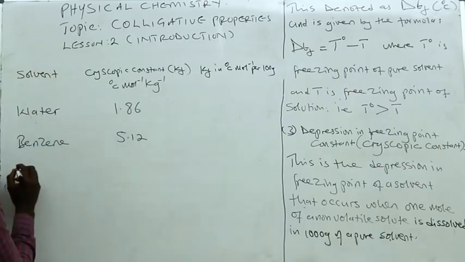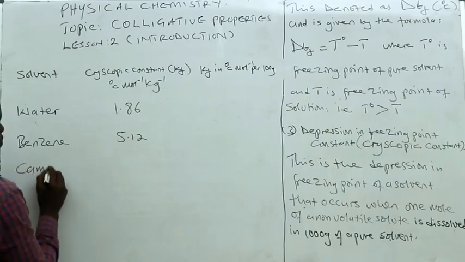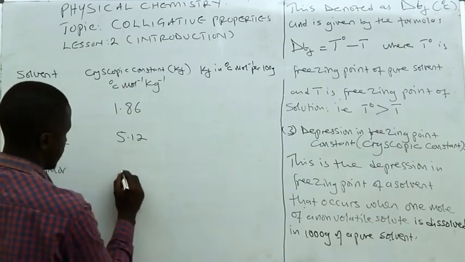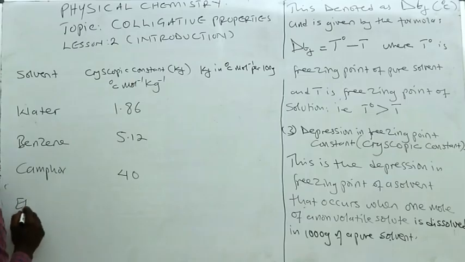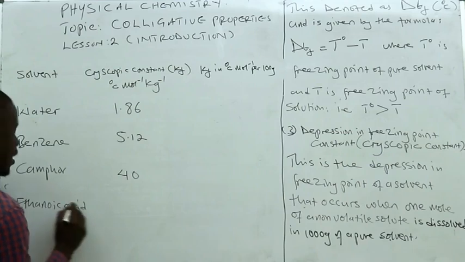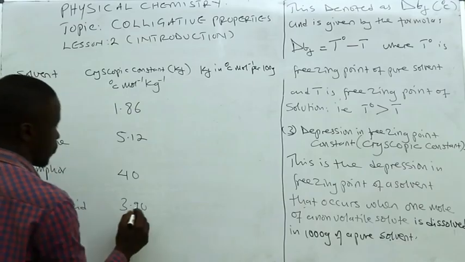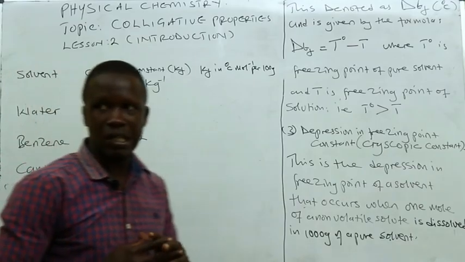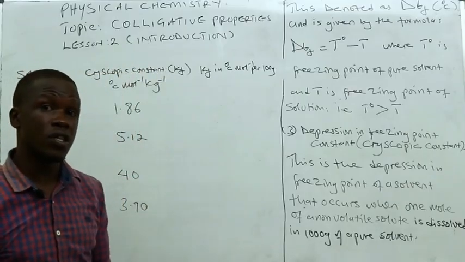Another one is camphor. Camphor is 40. And then another one is ethanoic acid, and it is 3.90.